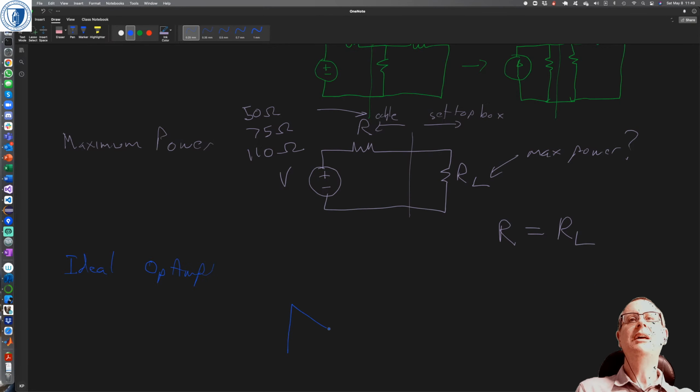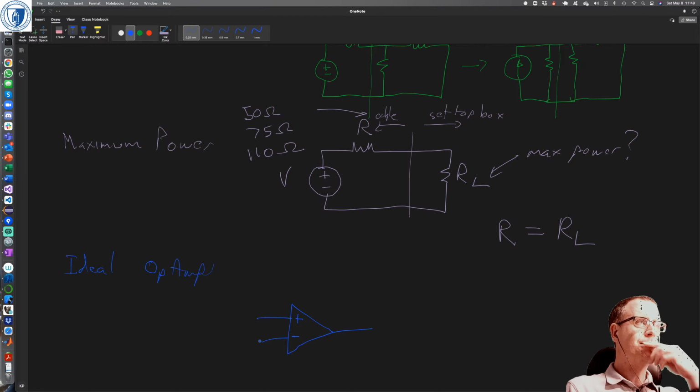So an op amp looks like this, maybe. It's got two inputs, a positive input and a negative input, and it's got an output. And because the two inputs are positive and negative, it's often called a differential amplifier.